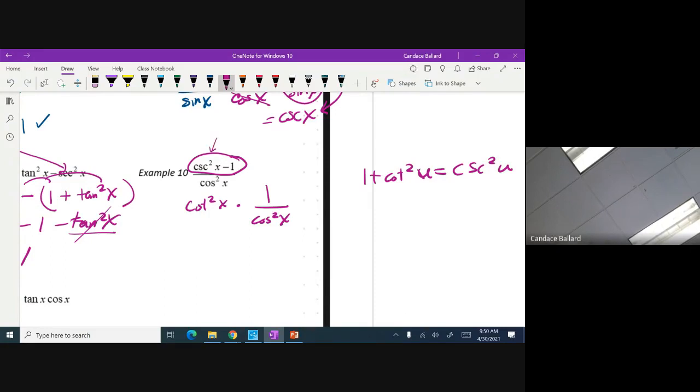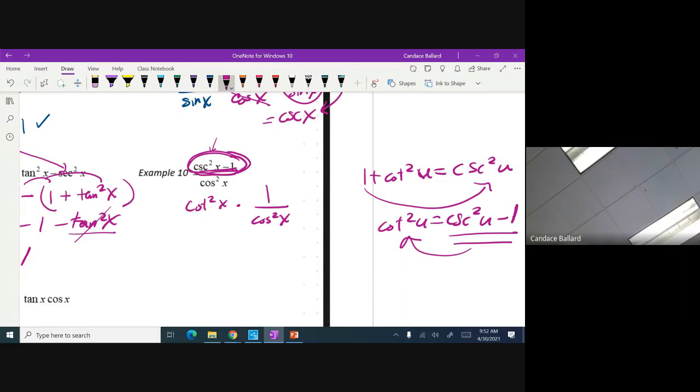I guess I could, but I am going to try to get what I'm going to substitute in for this whole thing. Okay. So I recognize when I move that over that I get cosecant squared u minus 1. This is exactly this, so I can directly substitute cotangent in because it's equal to cotangent squared. Okay. Now, I'm still not simplified enough.